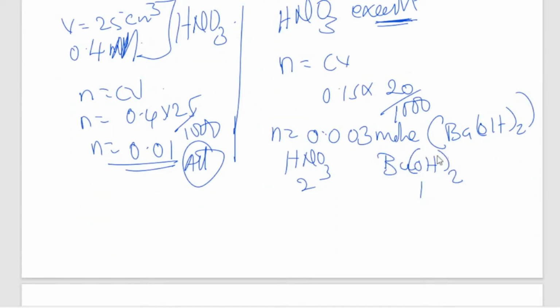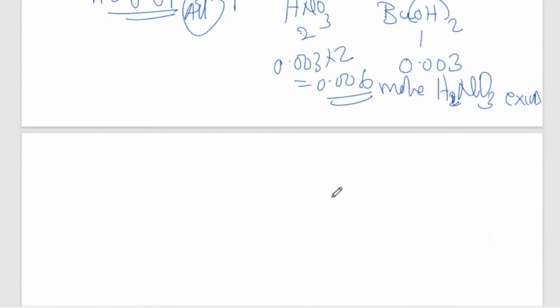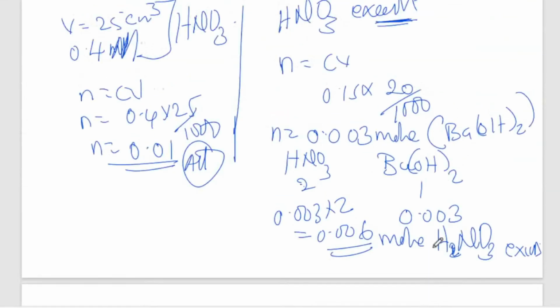So if this is 0.003 for barium hydroxide, then nitric acid is going to be 2 of them, meaning 0.003 times 2, which gives me 0.006. So these are the number of moles of nitric acid in excess. Yes. So now once I get the number of moles of nitric acid in excess, I can subtract this from this.